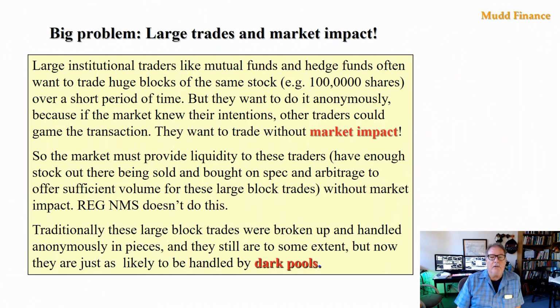In some cases, these traders want to shop around and see if they can find someone else who's trying to make the opposing trade for a very large volume. Ideally, if I'm trying to sell 300,000 shares, maybe I can find someone who wants to buy 300,000 shares. And if we do that, we might agree to simply do it at the market.